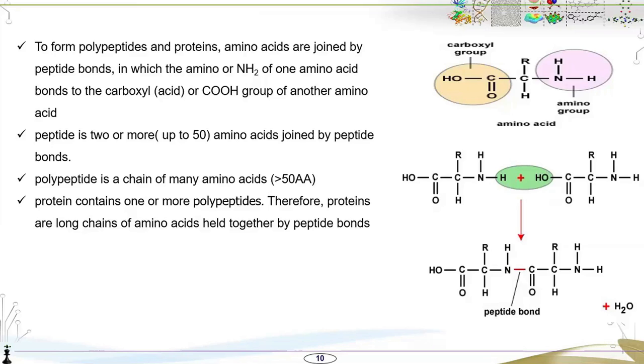Glutathione is a tripeptide. It is a combination of three amino acids, namely cysteine, glutamic acid, glycine.